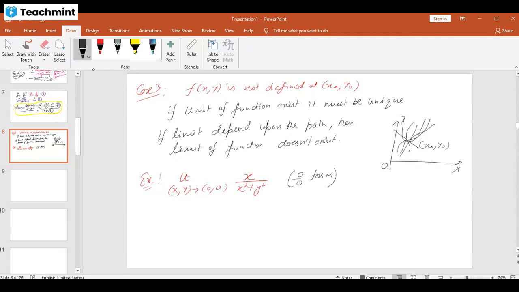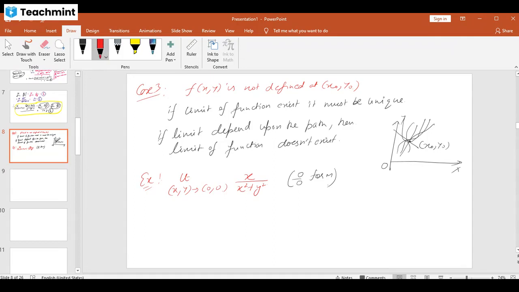Like I already told you, if the limit of the function exists, it must be unique along all the paths. So what can we do to check that? The first thing is, if your function is in polynomial form, simply check the degree of the numerator function and the degree of the denominator function.